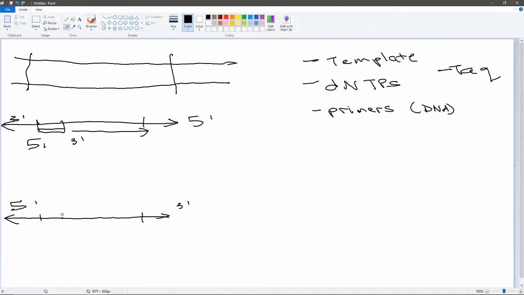Yeah, sorry about that. That must have been pretty confusing. Here, let's draw it this way. This is 5 prime. This is 3 prime. Good, because anti-parallel. The DNA template is 5 prime to 3 prime in this direction, so the complementary should be opposite. Sorry if I confused you guys. Good thing you caught that.